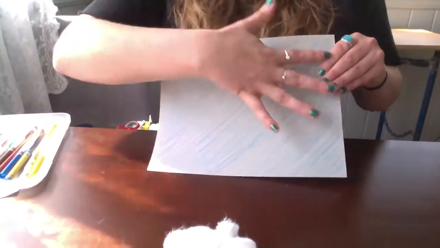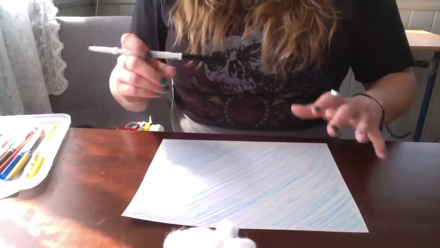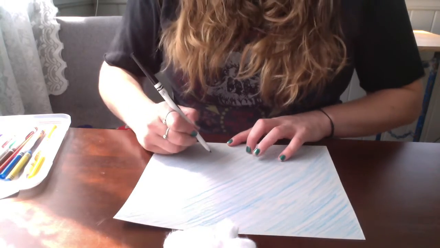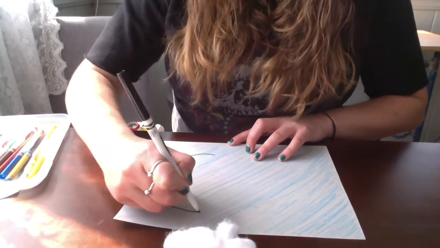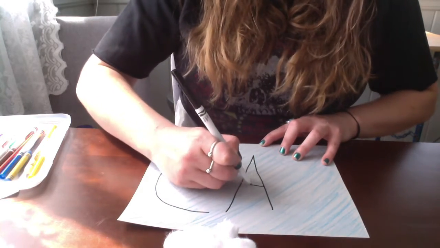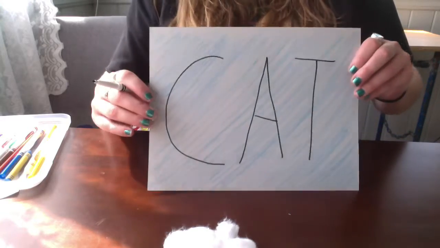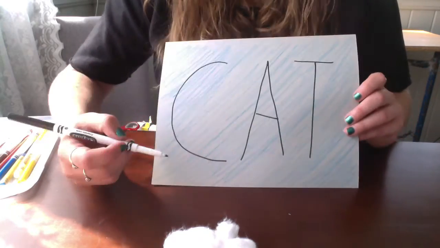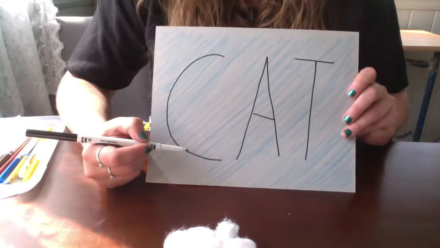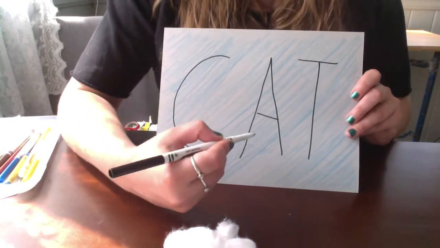Next, we're going to put some letters on here. I'm gonna spell a word. My teacher writes a word for me. What's that word? Let's look and see. The C says K. The A says A. Every letter makes a sound.